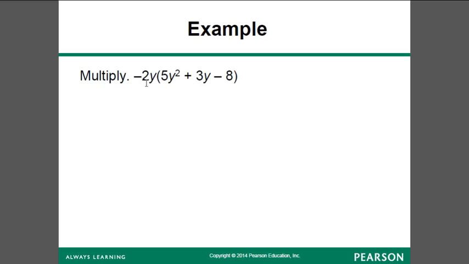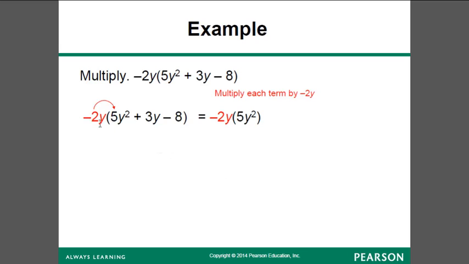So we're going to multiply the negative 2y times each term inside the parentheses. I'm going to take negative 2y times 5y squared, then negative 2y times 3y, and negative 2y times a negative 8. And I've written it out here so you can see exactly what I have multiplied it by.